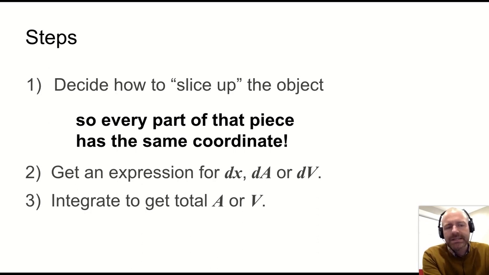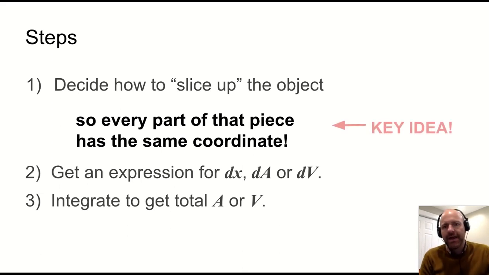So the big steps here are you slice up your object so that every piece has the same center of mass coordinate. We do this in terms of position, area, or volume, and then we add up to get total area or volume, and then we multiply that by some mass factor. The key idea is that every part of the piece has to have the same center of mass coordinate.